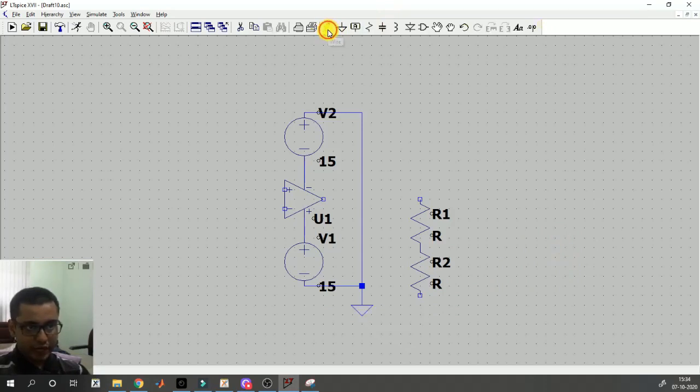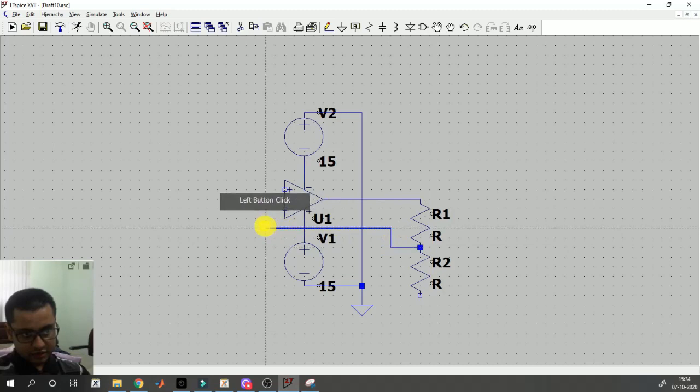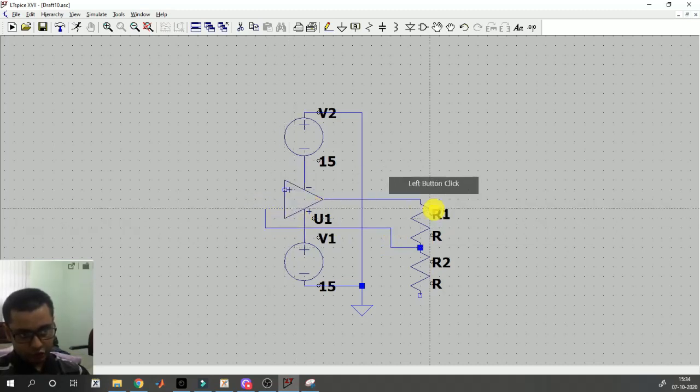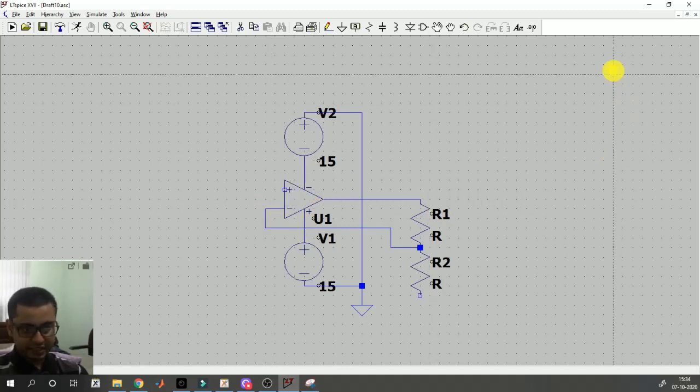Now I will take a wire and connect the output of the op amp to this end of the resistance, and from this center point between the two resistances I will connect a wire to the minus input terminal of the op amp like this.